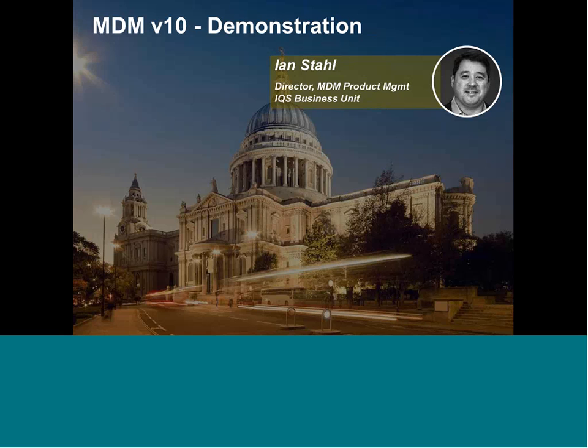Now, for versions previous to 9.7, we do support skip level upgrade. So we have in our documentation guides for upgrading from 9.1 and 9.5.1 and the like. There are some changes that you have to manage through, either at the schema level for 9.1 users or preceding, or users that are upgrading directly from 9.5.1 will have to manage the transition of some of their custom user exits to Java correlates as part of that upgrade process.